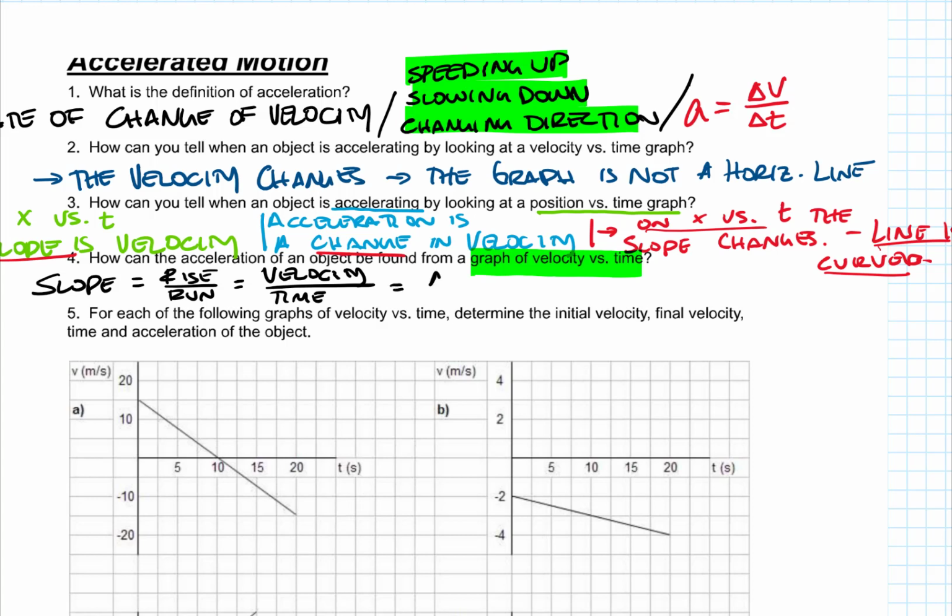So the slope of that graph is going to be the change in velocity over the change in time. That's the acceleration. What we know here then is that the slope of velocity versus time is acceleration. That's really, really important.